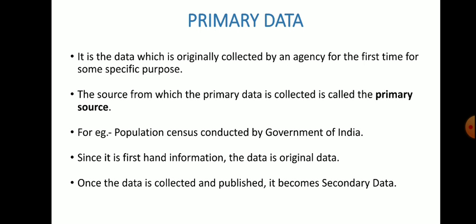Once the data is collected and published, it becomes secondary data. Later on I will say how it becomes secondary data. Secondary data is when we are collecting the data from a secondary source, like published or unpublished sources, meaning it has been published in a newspaper or a journal or somewhere else, and I am using those published data for my research work.